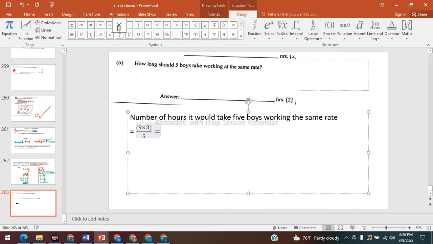We know that 9 times 3 is 27. And 27 divided by 5 is what?